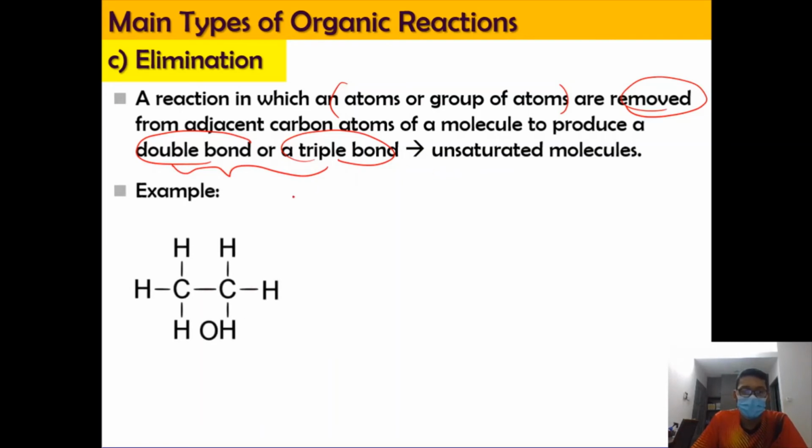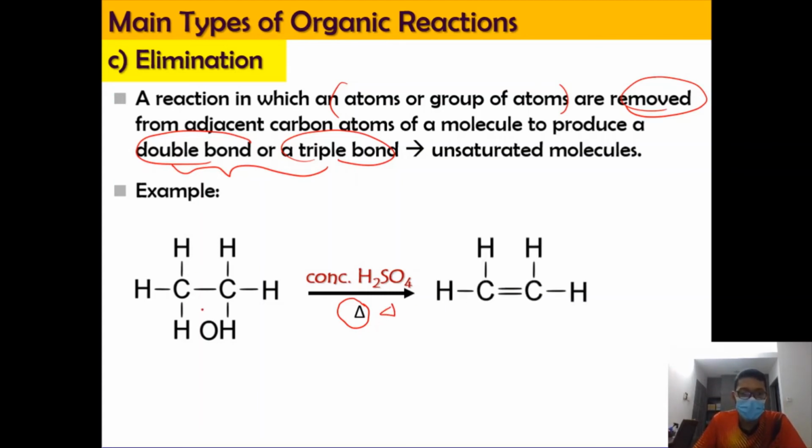Example, at first we might have alcohol. Now, when we undergo elimination via concentrated hydrochloric acid, concentrated sulfuric acid, and applied with heat. Okay, so here means heat, high temperature.